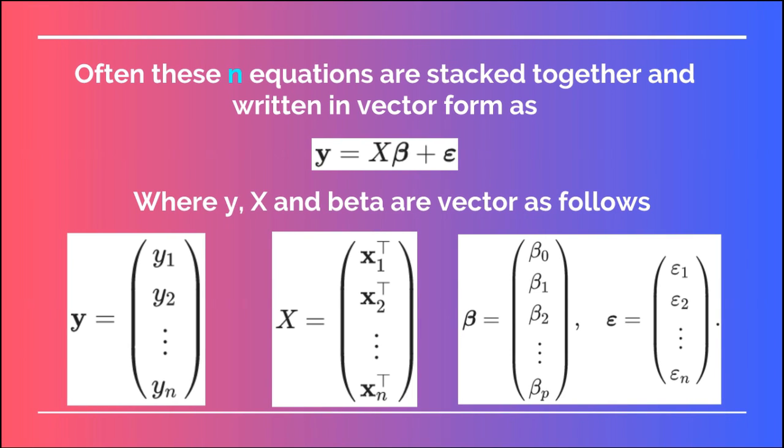Often these n equations are stacked together and written in vector form as y equals x multiplied by beta plus epsilon. And y, x, and beta are vectors as follows.